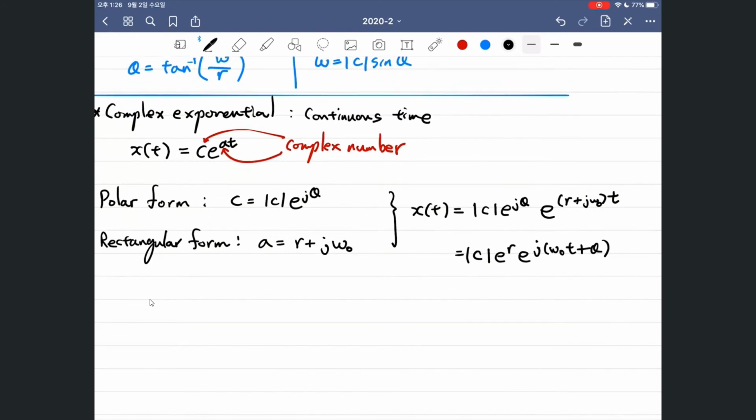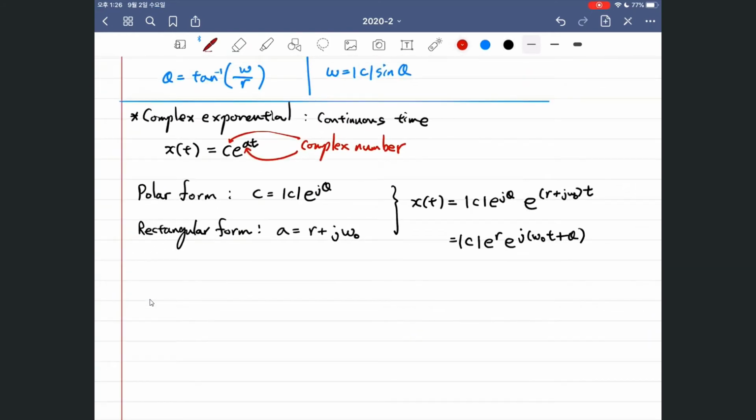And we will use Euler's relation, which is defined as e to the j x corresponds to cosine x plus j sine x. So I'm going to use this formula on the last term here.